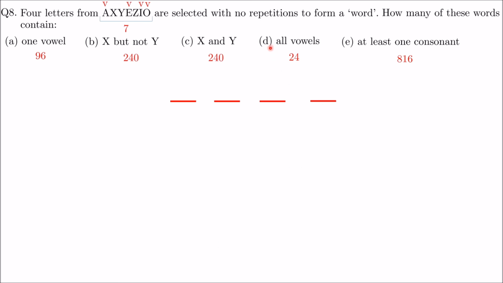For D, I want all vowels. But there are only 4 vowels, and you want to form a 4-letter word, which means you have to use all the vowels. So really, this question is nothing more than taking all the vowels and shuffling them in all the various orders. That's just rearranging 4 objects, and that's 4 factorial ways of doing so.